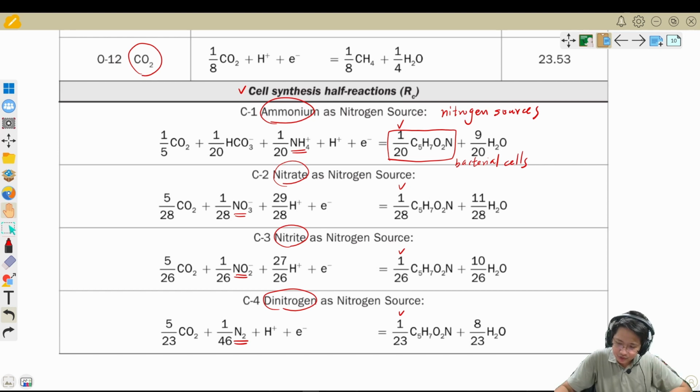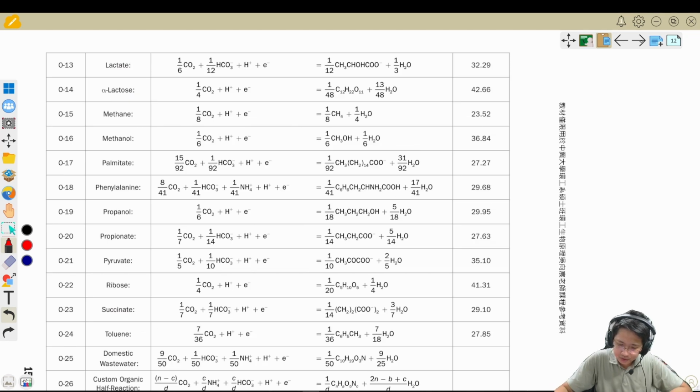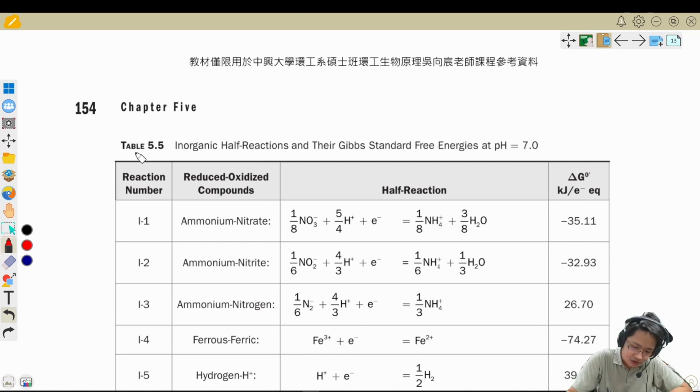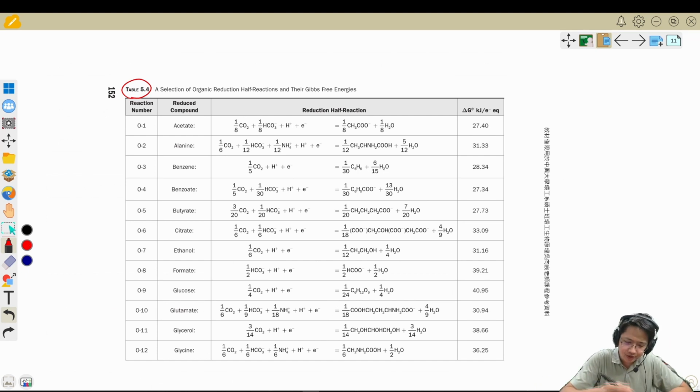And if you turn to the next page for table 5.4, this is a continuous table, and in the table 5.5 you will have more half reactions for those electron donors.